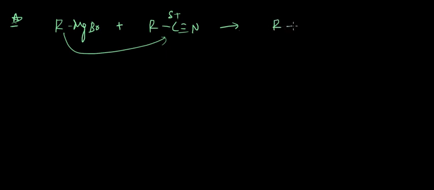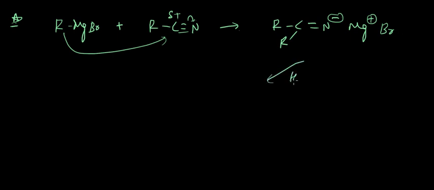We'll get something like this, and this bond will be taken back by the nitrogen atom to create a negative charge here, and we'll have N minus and Mg plus Br.